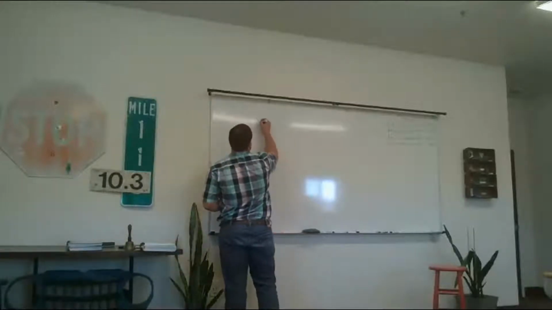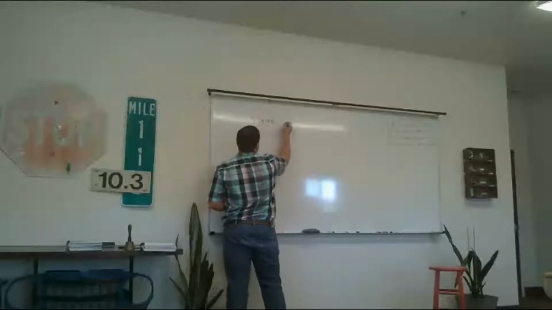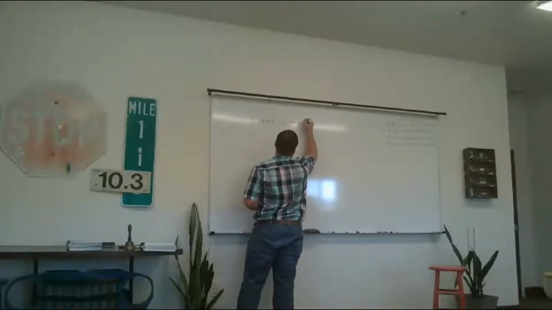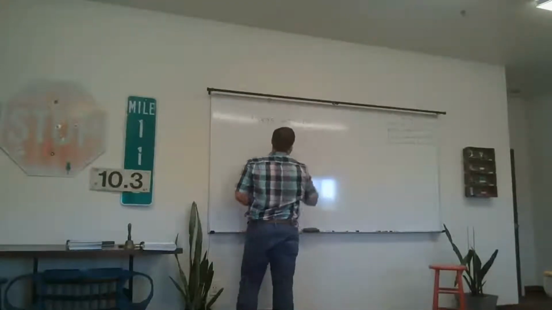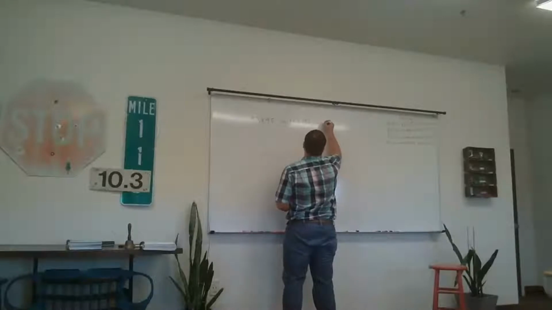So it started out at $34.95 with a 15% price increase. How do we go about doing this one?